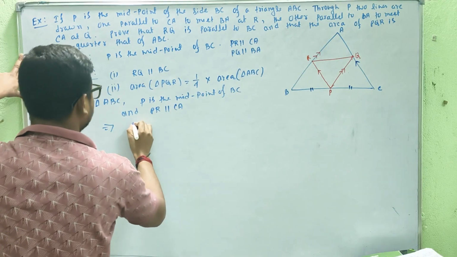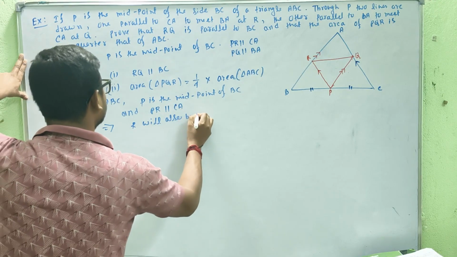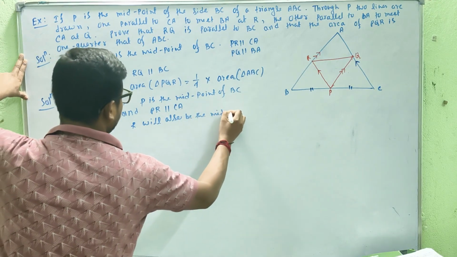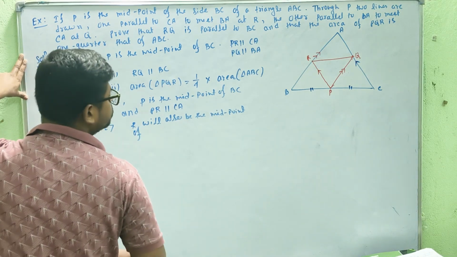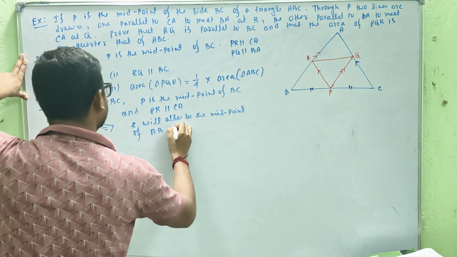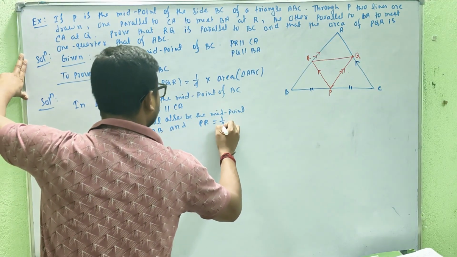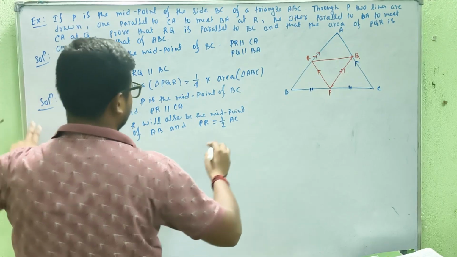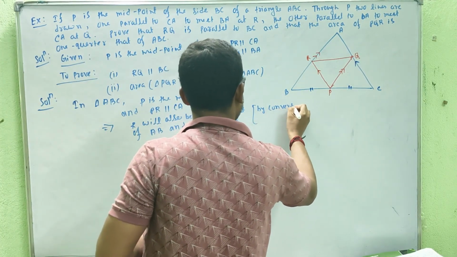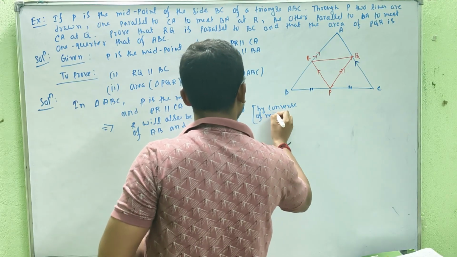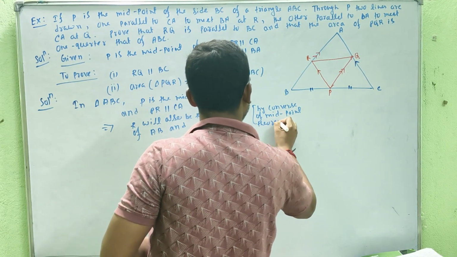This implies R will also be the midpoint of AB and PR equal to half of AC, by the converse of the midpoint theorem.